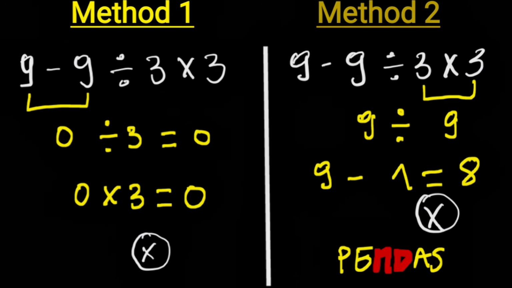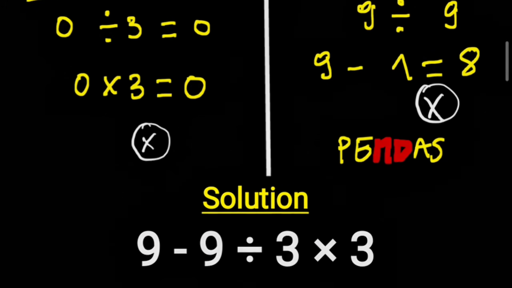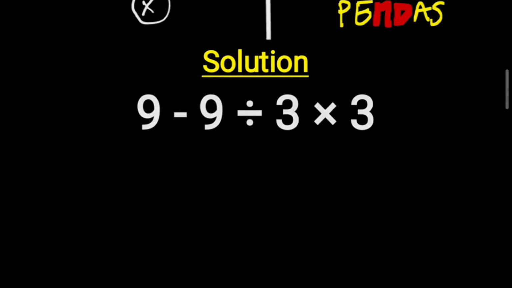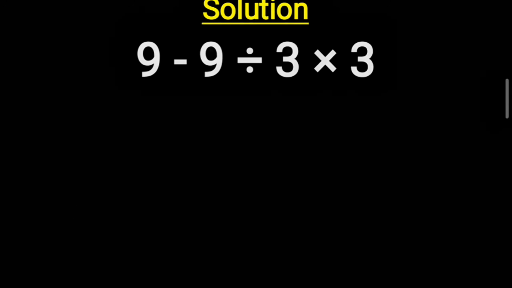Let us now solve 9 minus 9 divided by 3 multiplied by 3 with surgical precision. The first step in the order of operations is always to look for grouping symbols. Are there parentheses, brackets, or any other enclosure that demand immediate attention? We examine the expression and find none.